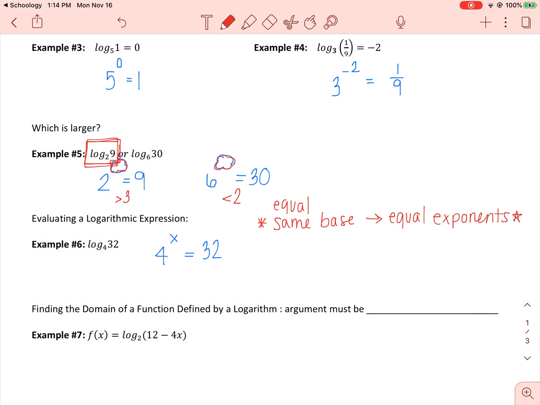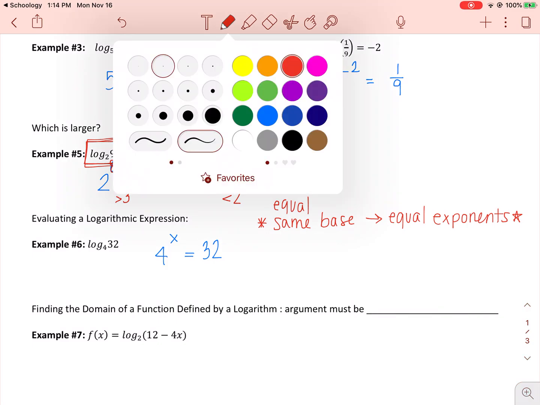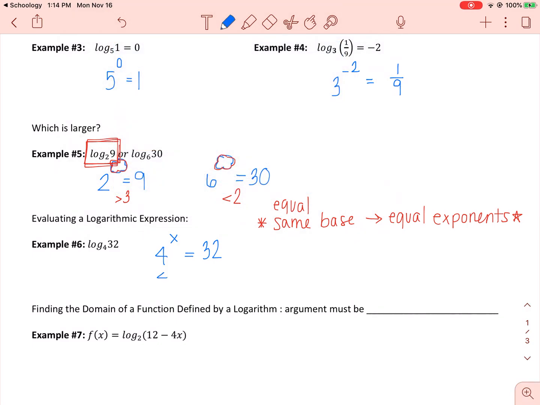So let's see, can we get 32 to have a base of 4? That's my goal. Because I have 4 to the x, and I'm going to try to make this be 4 to some power. Can't do that. What if I try to make this even smaller, maybe a power of 2? This would be 2 squared to the x equals 2 to the 5th power.